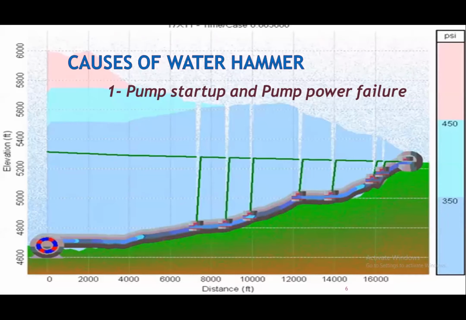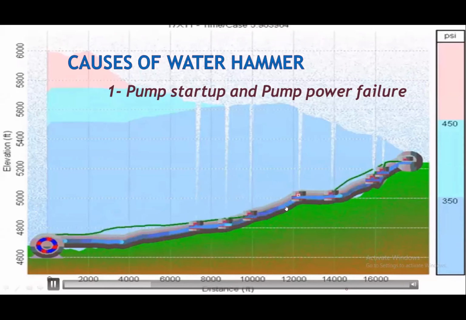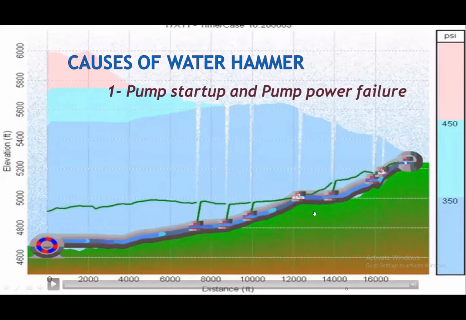When we have a pump power failure, which will lead to a sudden stopping of the pump, then we might note that the hydraulic grade line becomes under the profile of the pipeline. What does that mean? That means that we have a negative pressure, all right? And do you know what that is an indication for?